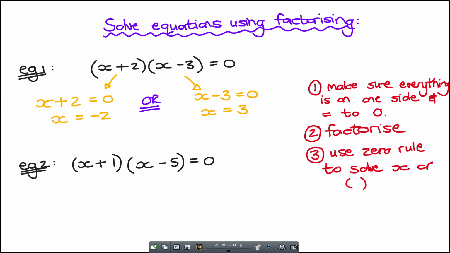So let's just look at our steps again on the right-hand side. Step 1 says, make sure everything is on one side and equal to 0. Do we have that? Yes. Step 2 says, factorize. We didn't have to because it was already factorized. Step 3. Use the 0 rule to solve x.